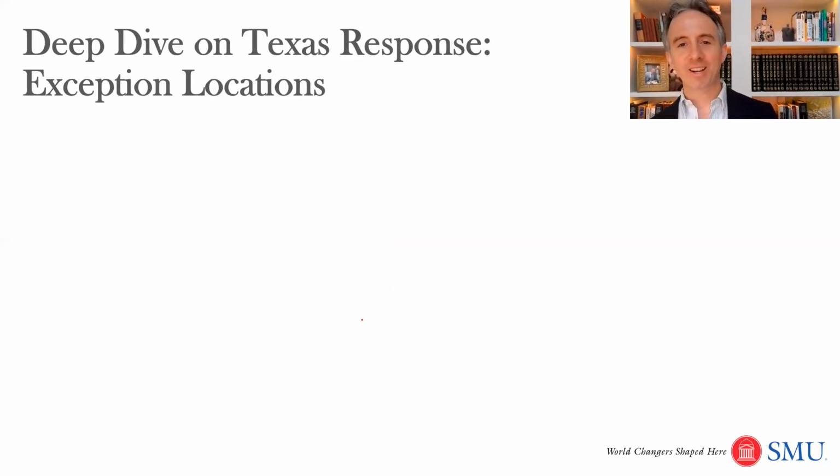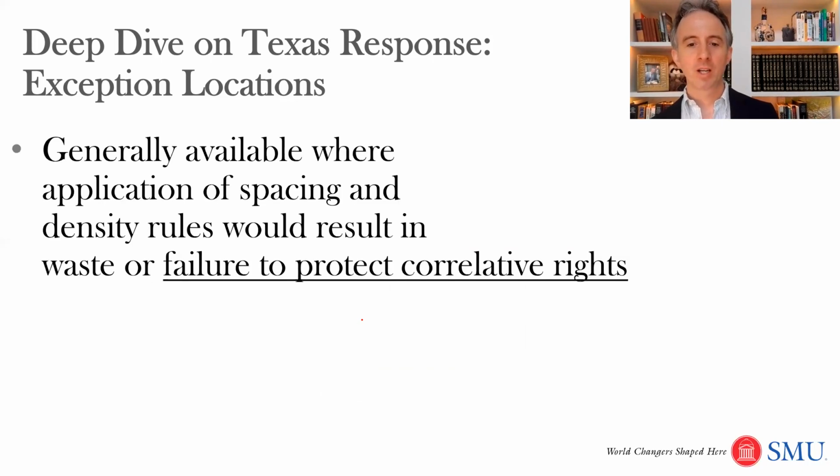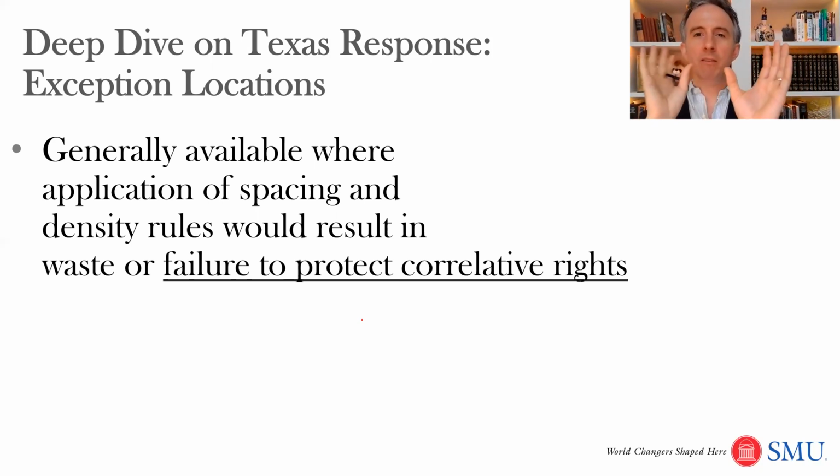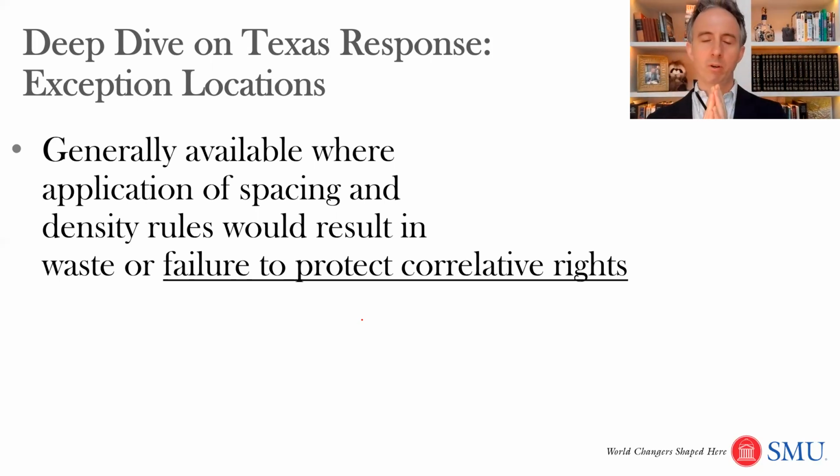Now, what I have to tell you is that Texas initially took a different approach. So Texas took the approach of just allowing exception locations. So instead of saying, hey, white acre, you share in what black acre did, they said, you know what, even though you don't have enough land, go ahead and drill yourself, white acre. Now, maybe that works where each is 20 acres, it's not ludicrous.